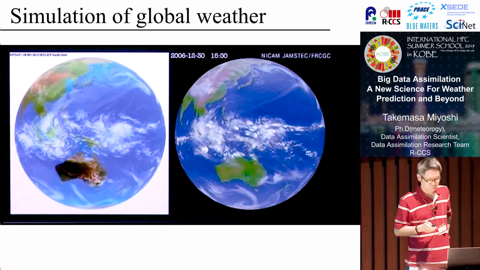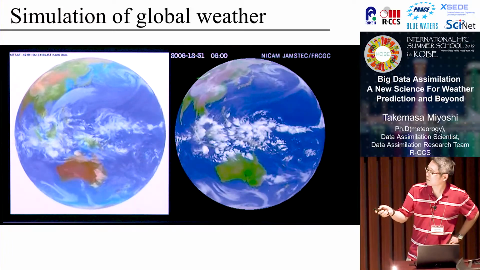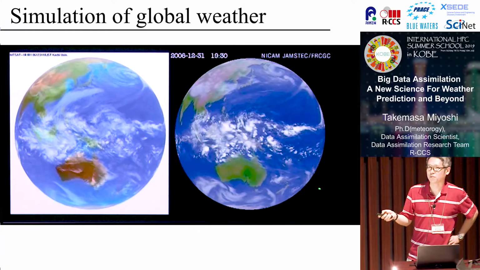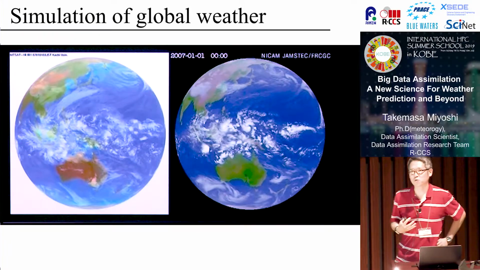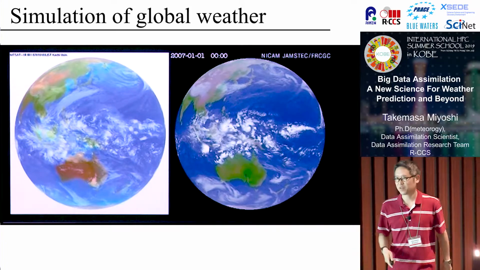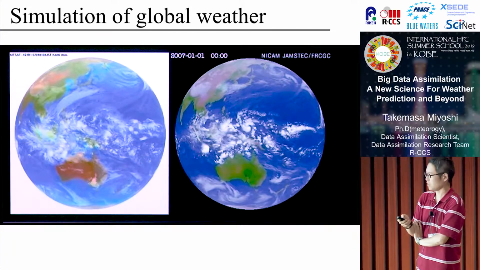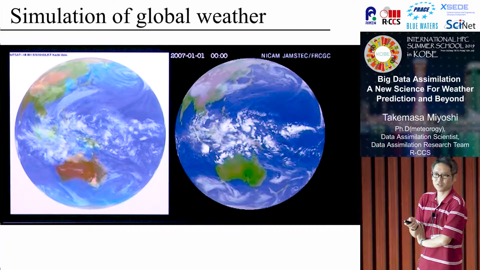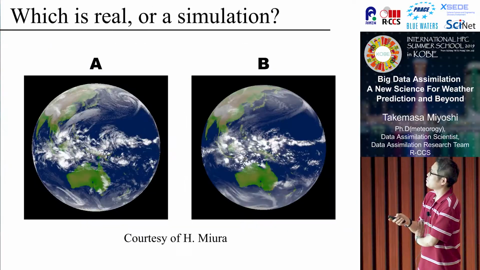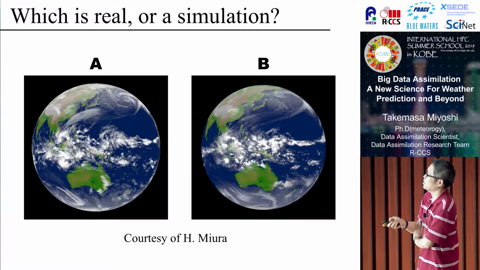Okay, so the answer was, this was the simulation. And it turned out that most of you in general have very good eyes, even though I assume that you are not experts in weather prediction. The expert may not see clearly what the difference is.